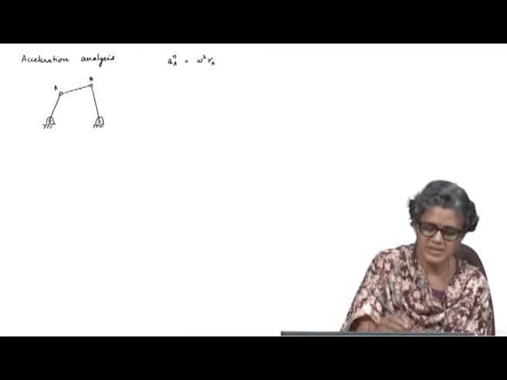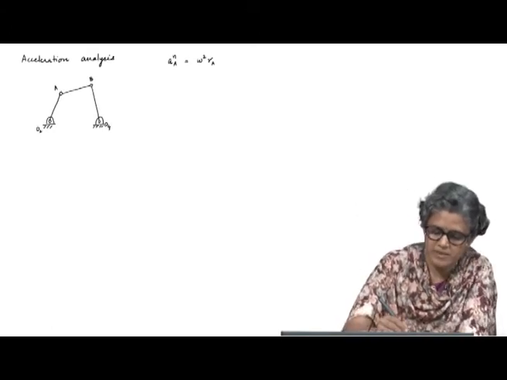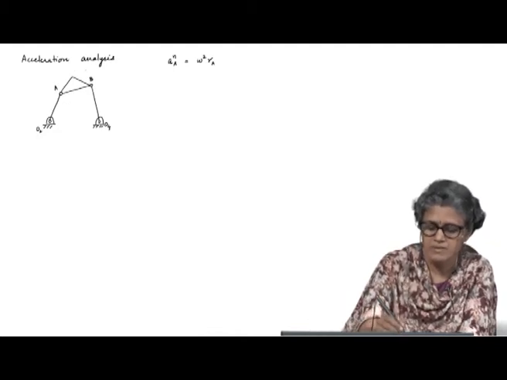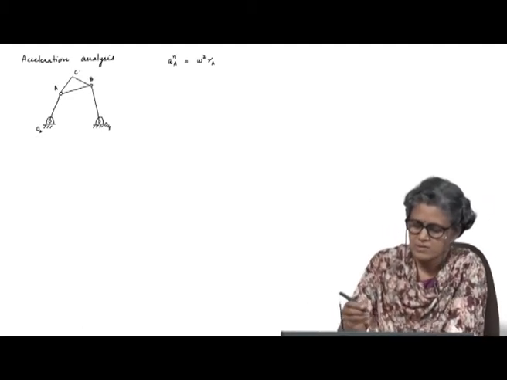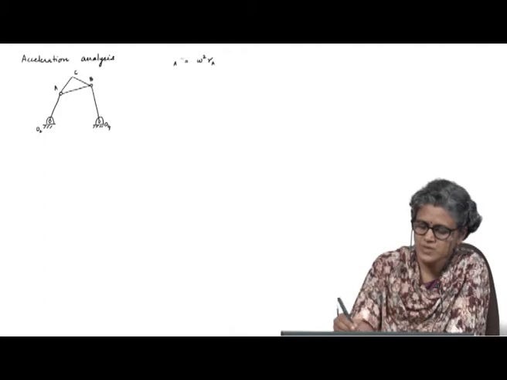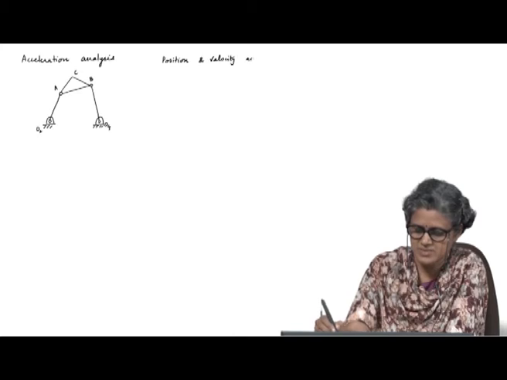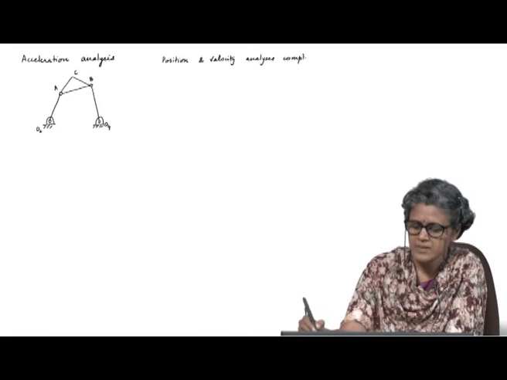So now let us apply this to the analysis of a 4 bar, and we will assume the position analysis has been done and the velocity analysis has also been completed.